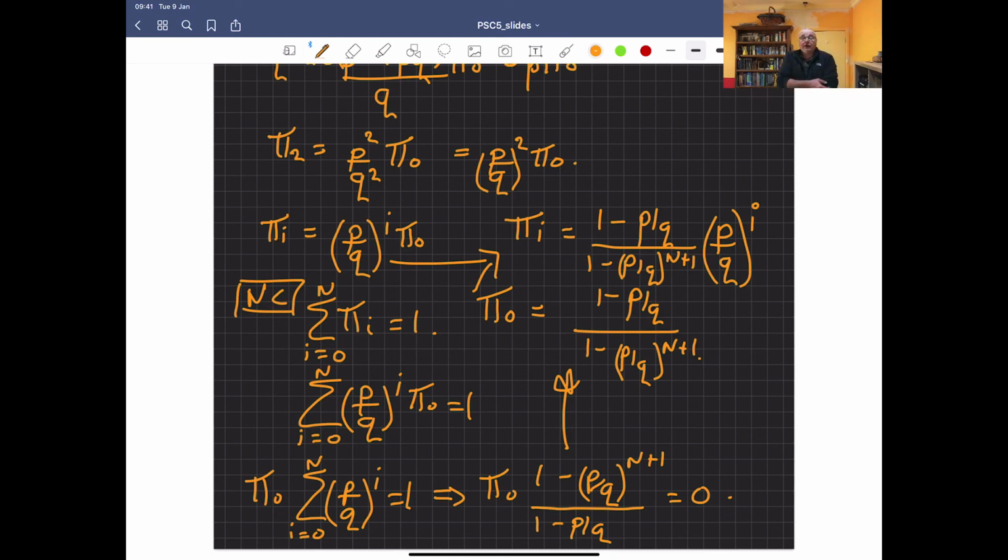And obviously, if we actually observe this matrix and we had our p and q, we could substitute in and get all our states. That's one way of doing it analytically.